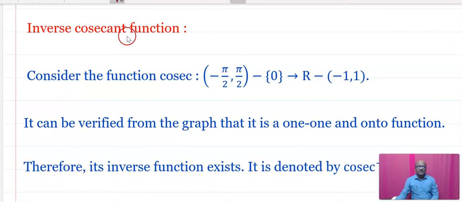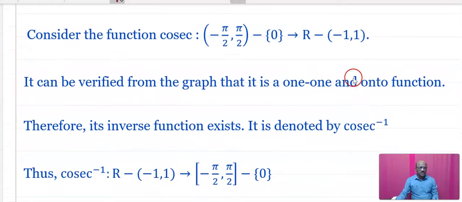Inverse cosecant function. Okay, consider the function cosec from the closed interval minus pi by 2 to plus pi by 2 minus 0 to R minus the open interval minus 1 to plus 1.